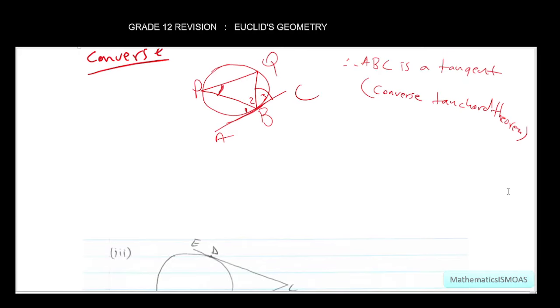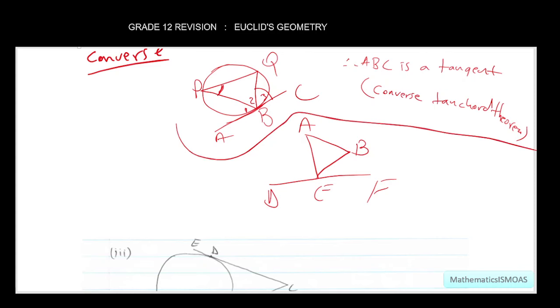So even in a diagram where you are just having something like this, and then we are having a line, this is D, E, F, and this is, let's say, AB, and this is angle A1, angle A2, and angle A3.